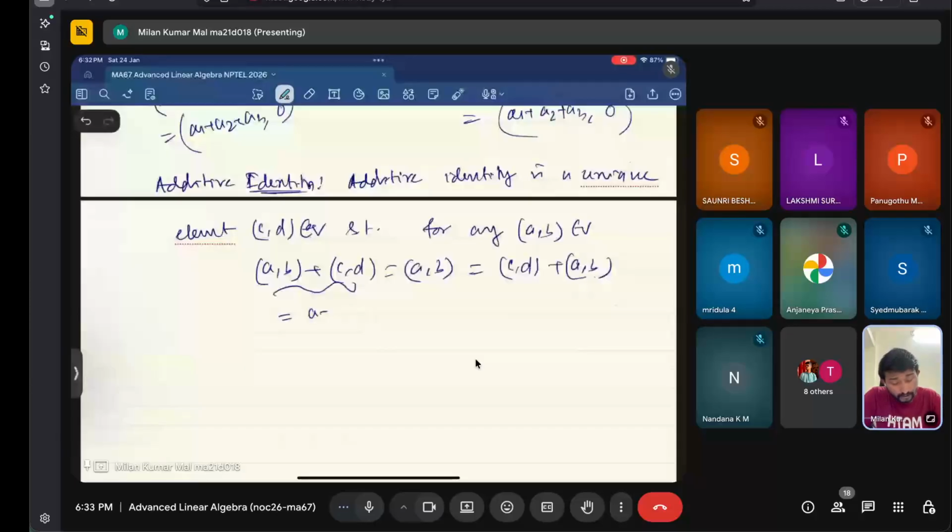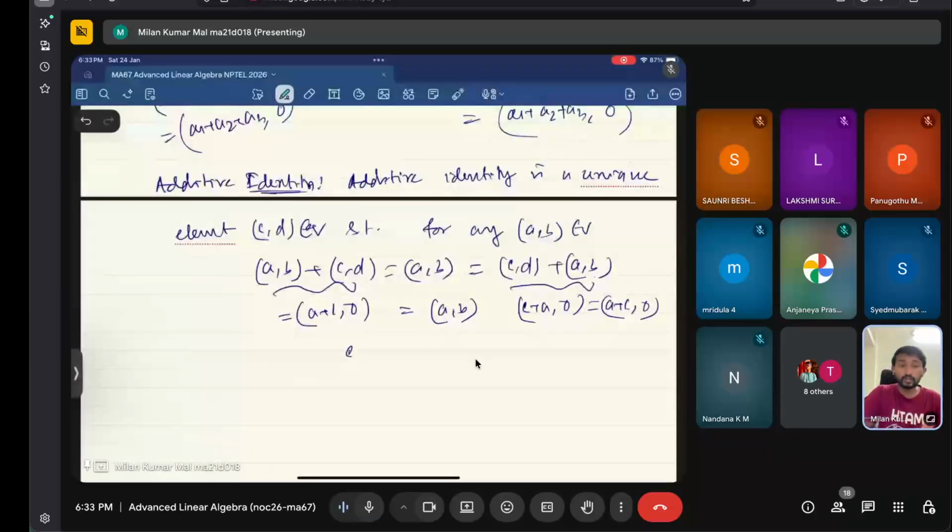We should have that c equals 0, and b also has to be 0. But that's not possible, because we have to do it for any (a, b) belonging to V, and b need not be 0.